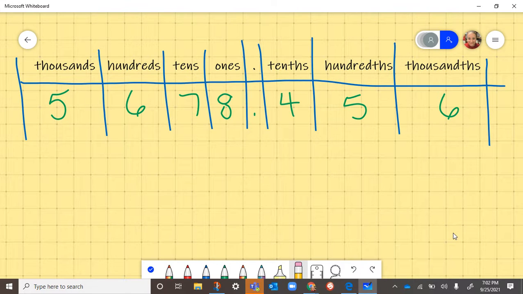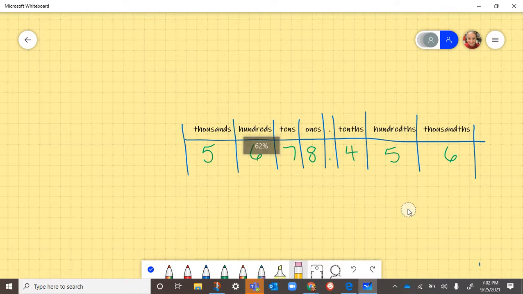All right, so let's work with this number here. Let's do red. I'm going to use my place value chart to help me create this in expanded notation.